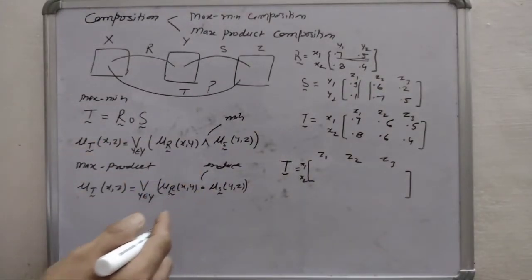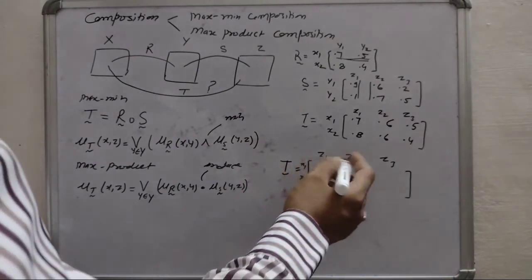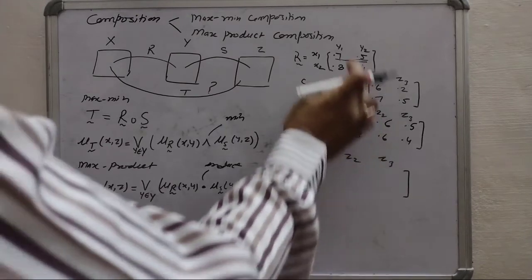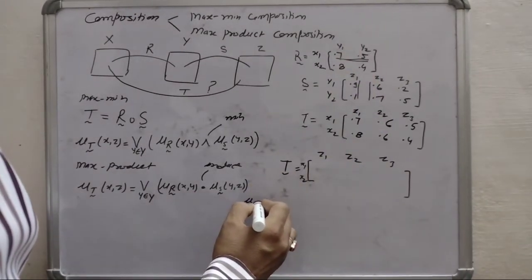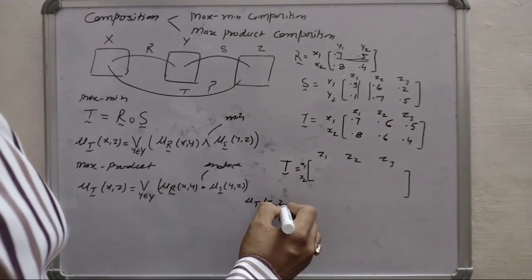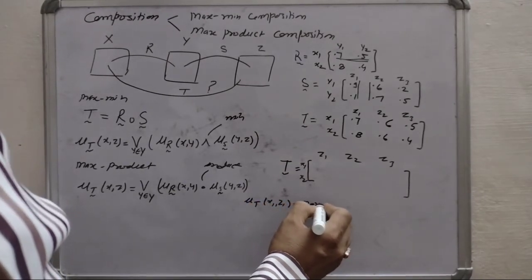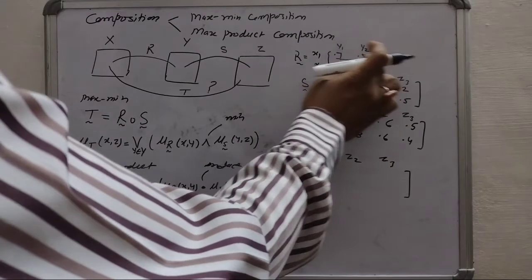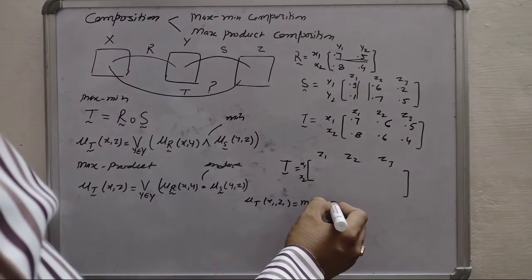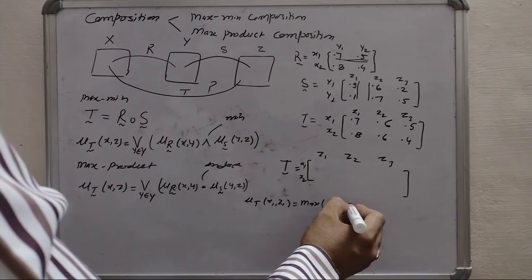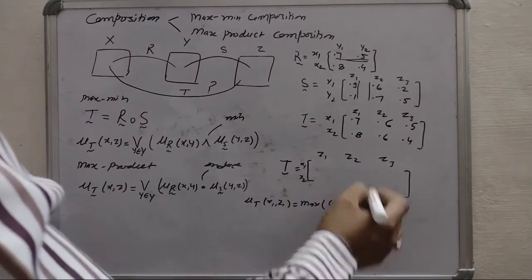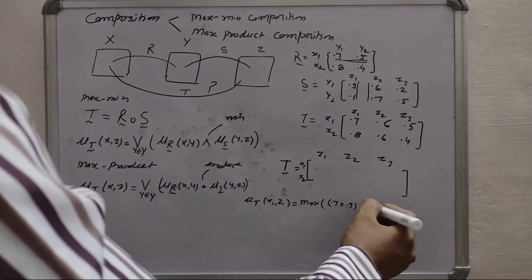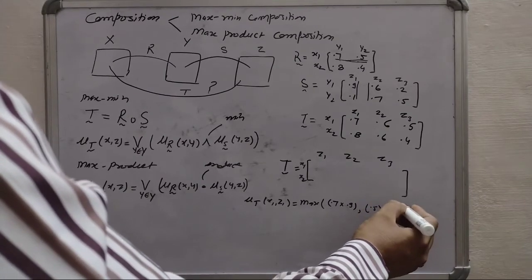So how we can write? Suppose now I am taking x1 z1, so we can write mu T of x1 z1 equals to maximum of, now 0.7, 0.9, so 0.7 into 0.9, second this one and this one, 0.5 and 0.1, 0.5 into 0.1.